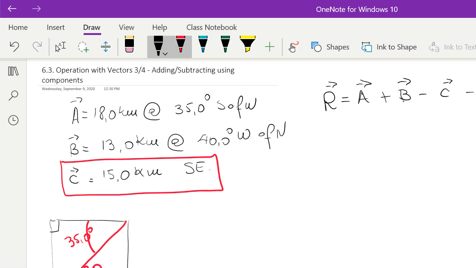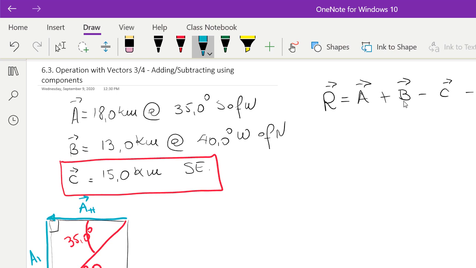And then therefore, what we have is two components. The horizontal component, whatever side goes into the horizontal direction, and the vertical component, whatever side of the right angle triangle goes into the vertical direction. As we see here, the horizontal going west is negative and the vertical going south is negative.